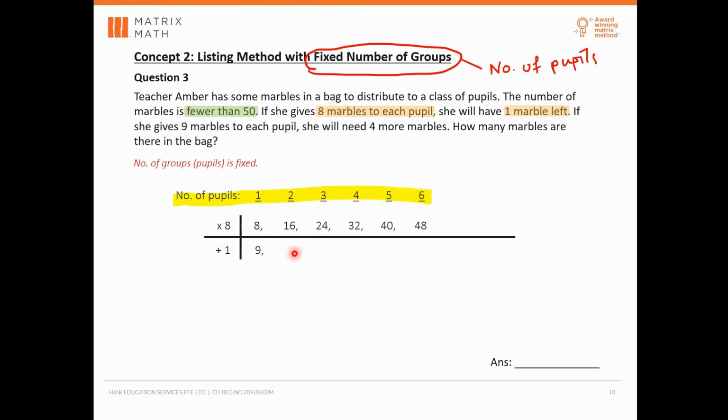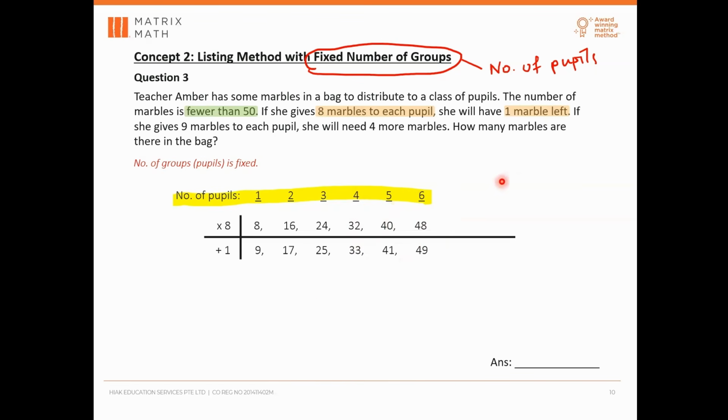You have 16 marbles, you have 1 left. 24 marbles, 1 left. 32 plus 1. 40 plus 1. 48 plus 1. Make sure it's in line with the number of pupils, okay? You cannot have 4 here and then your 32 is somewhere here. No, put it above. Make it in line.